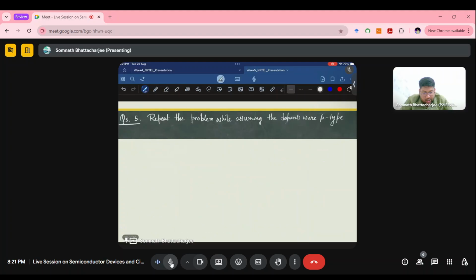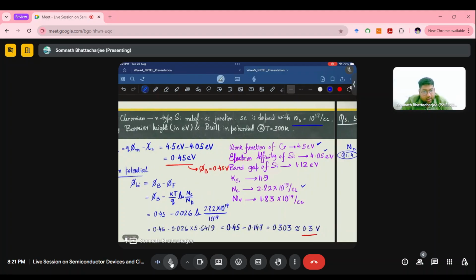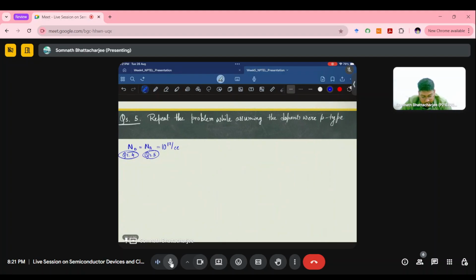So I'll give some hints. Last time it was ND for question number 4, and for question number 5 it would be NA, right? And it was 10 to the power 17 per cc. Apart from that, first try to get the built-in potential.